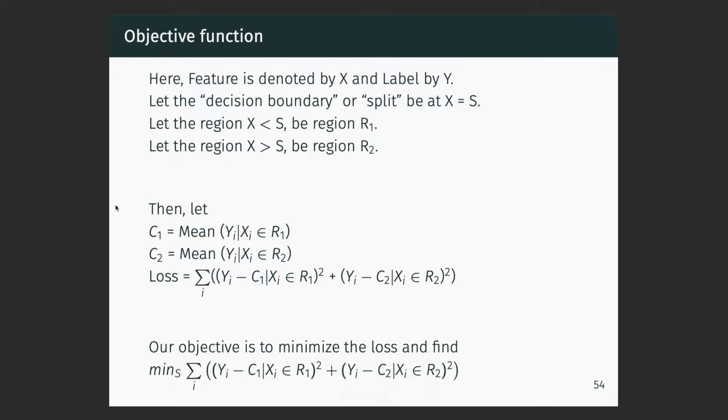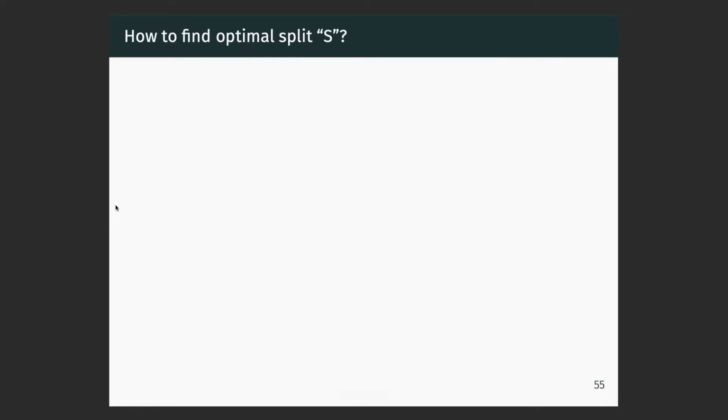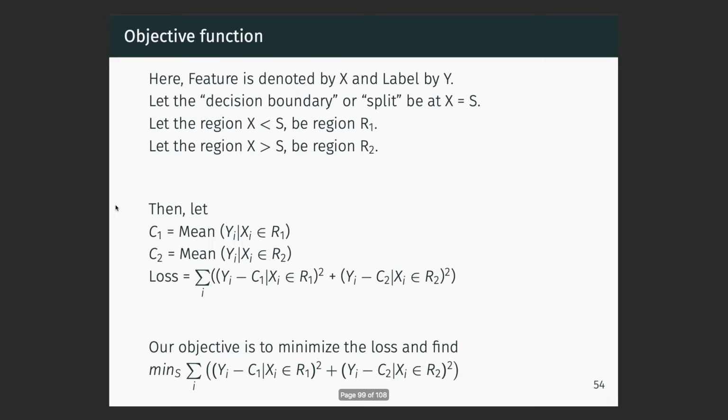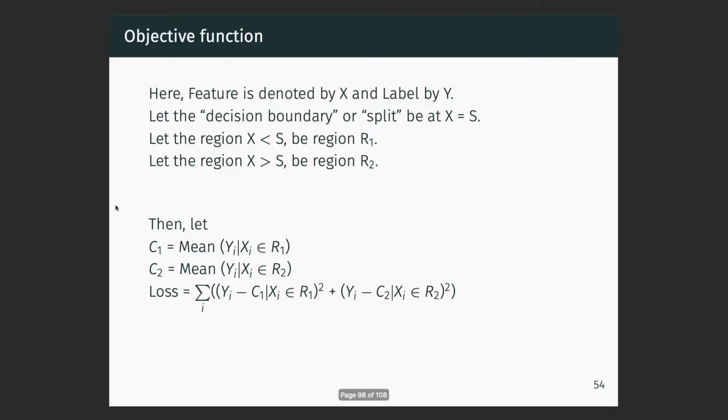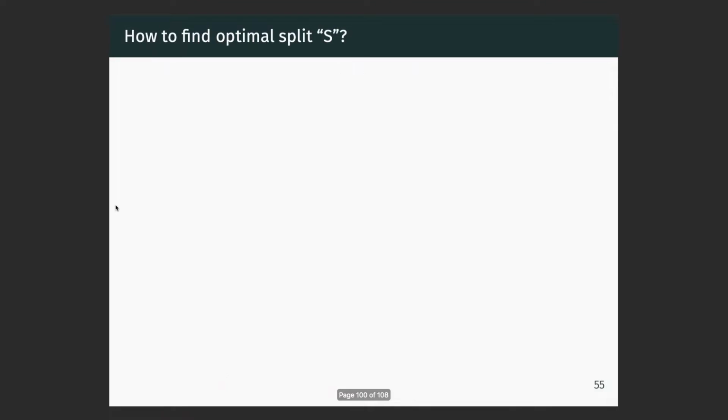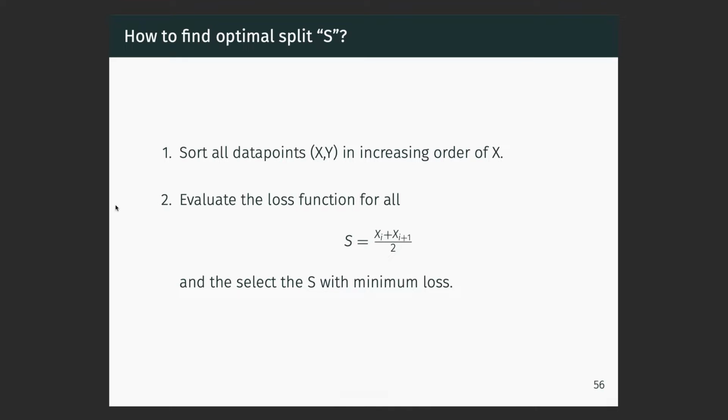To keep things simple, one such way of finding an s, which we have also discussed thus far, is to first sort the data points in increasing order of x, which was also done in the visualization that we had. We already had points sorted in x, and that is why visualization, or finding out the split point, was easy. And then you evaluate the loss function for all possible s, which are at the midpoints of two adjacent points, right?